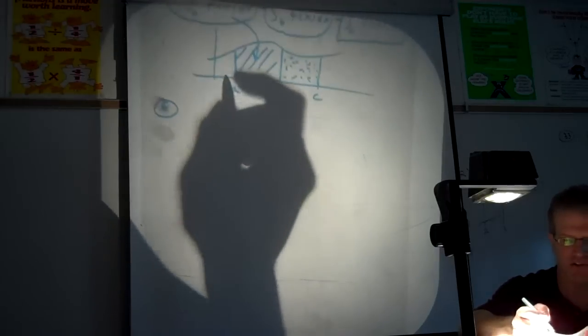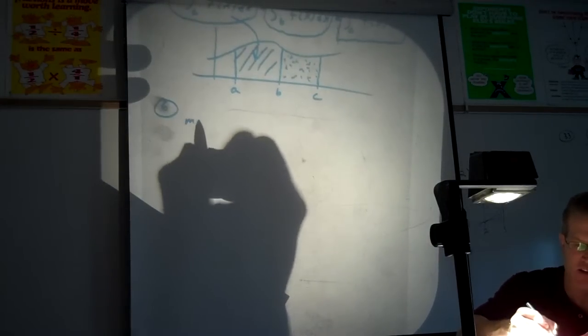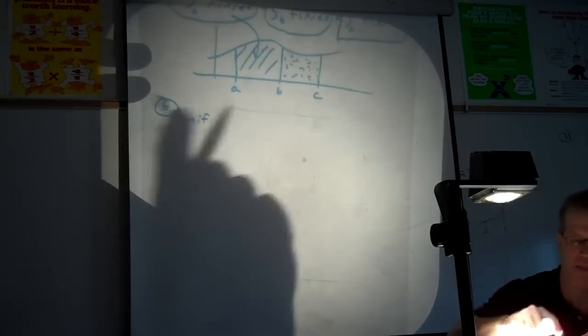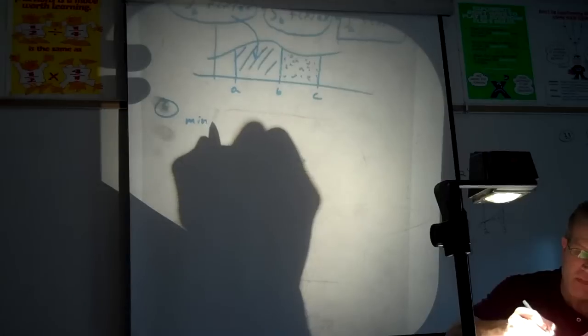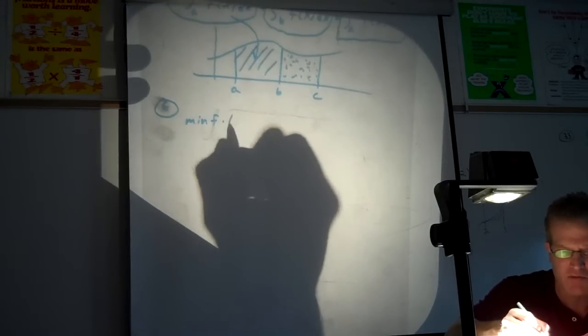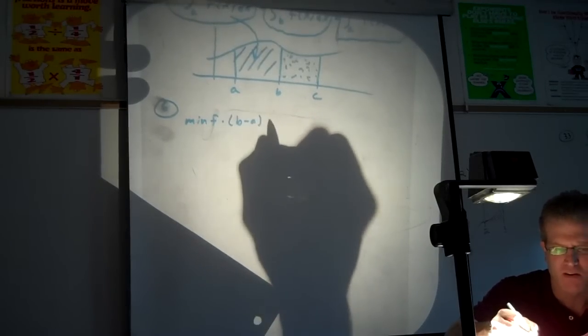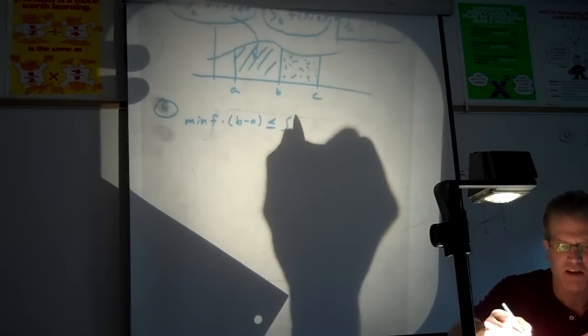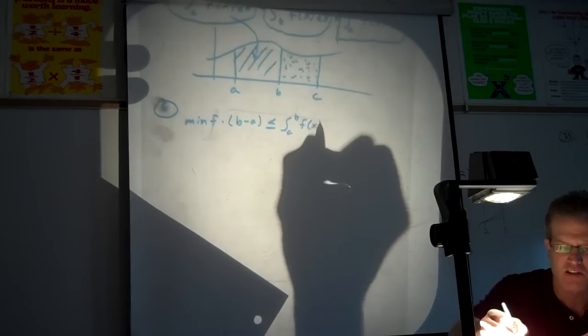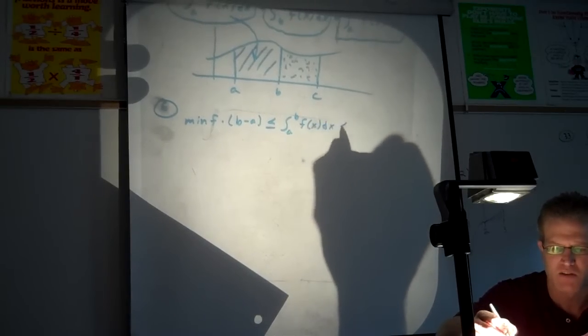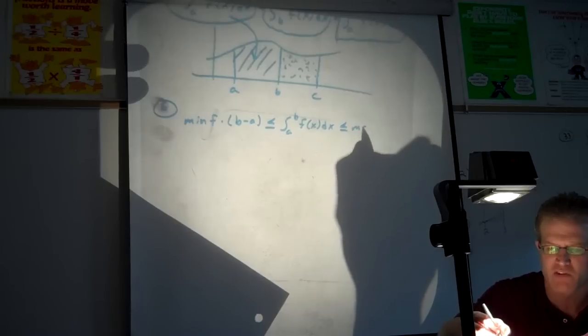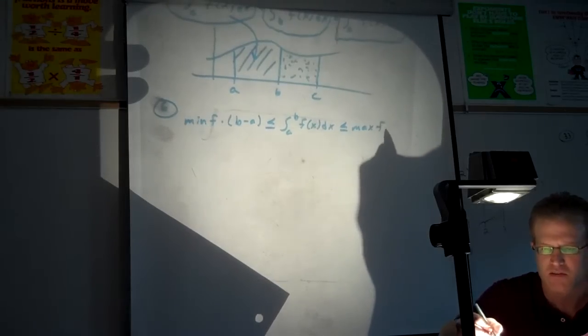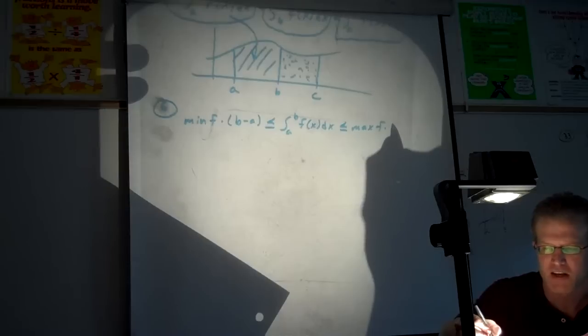So let me try to show you a picture of this to help explain it. Here's the rule again. The min of f times (b minus a) is less than or equal to your integral from a to b of f of x dx, which is less than or equal to the max of f times (b minus a).